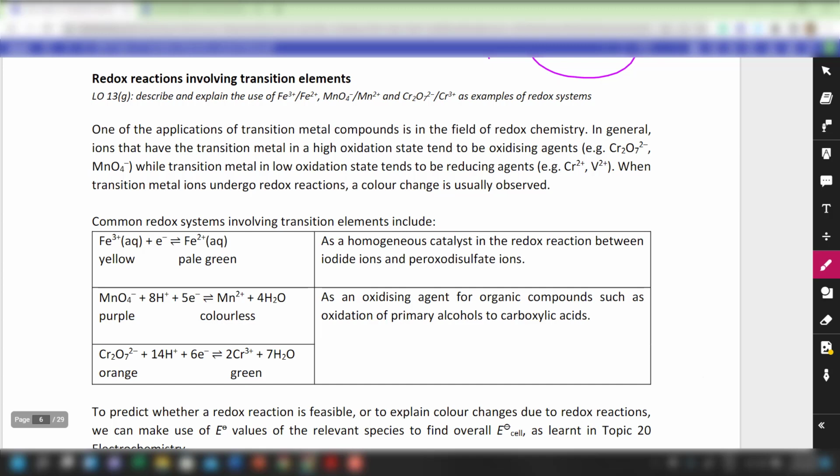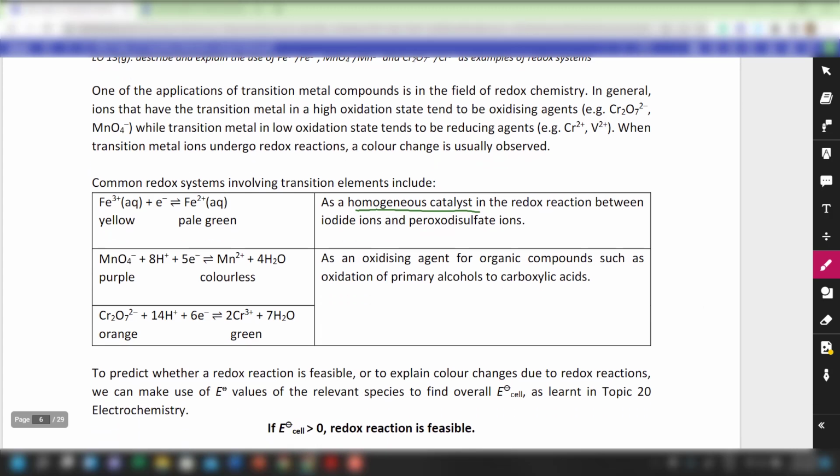Common redox system involving transition element, iron 3, iron 2, so yellow and pale green. So in this case, the iron 3 and iron 2 aqua species can potentially act as homogeneous catalyst, in our case here, in the reaction between iodide and peroxodisulfate. Then permanganate and manganese 2.